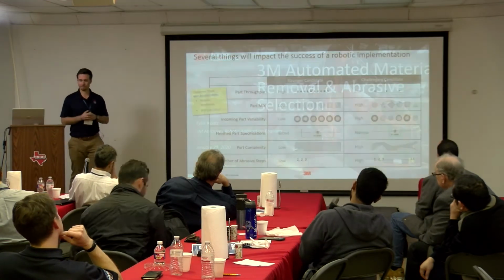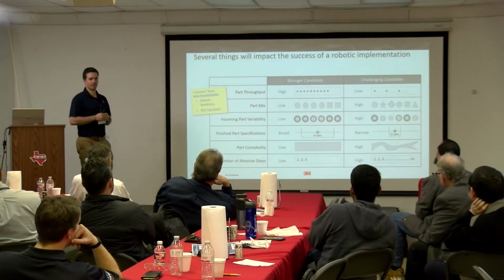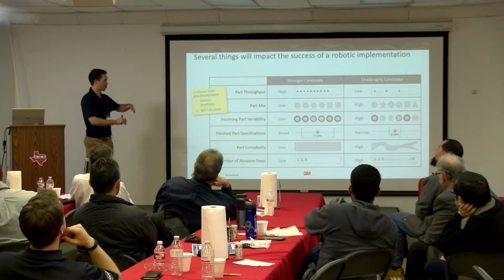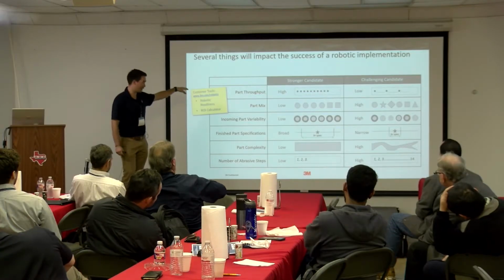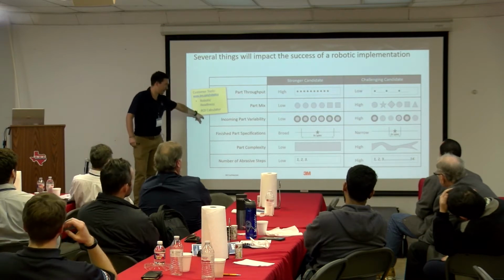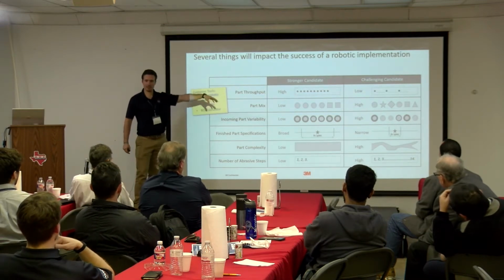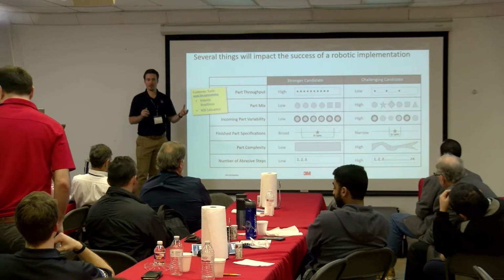Just to start, this is a rough look at what integrators look at, and how we can, at a very high level, talk to customers on if their application is a good opportunity to automate. Now, we can look at part throughput. You've got a lot of parts coming through, but if they are very inconsistent on the other end, it makes it very tough to automate.